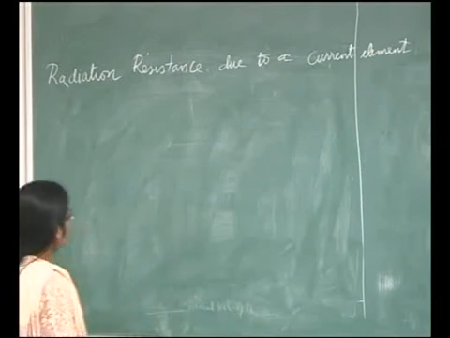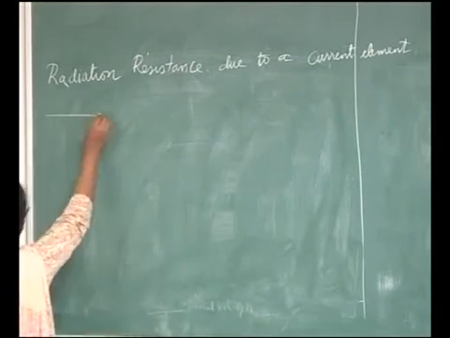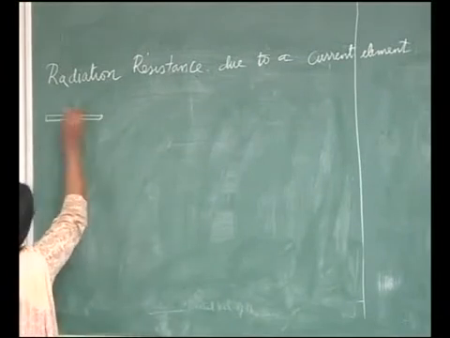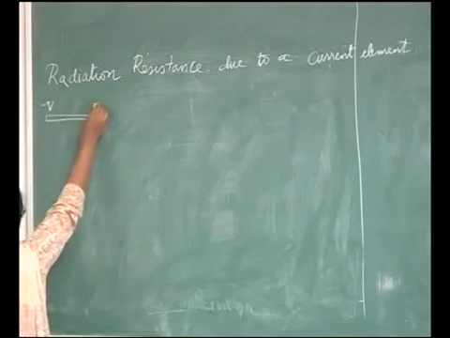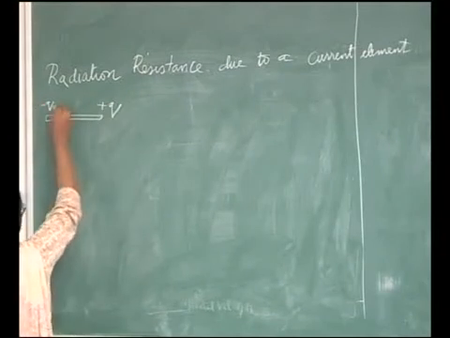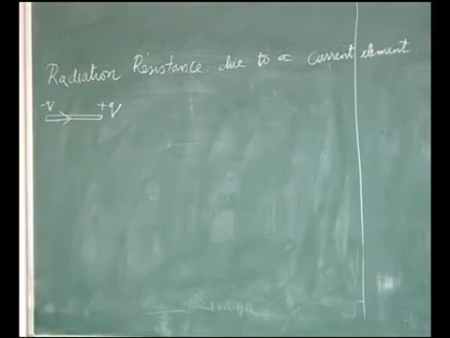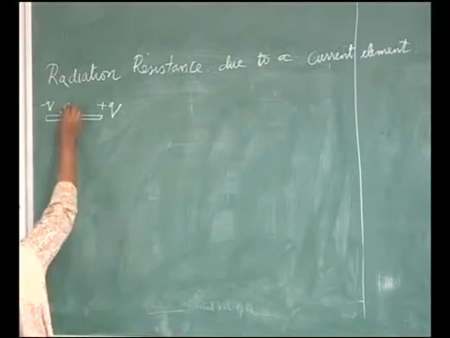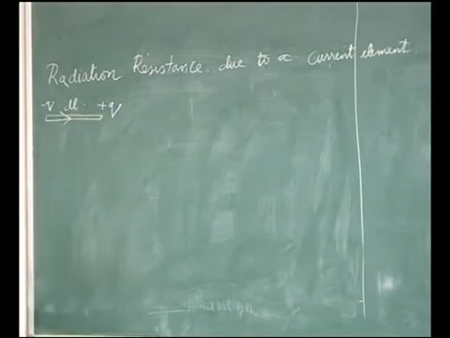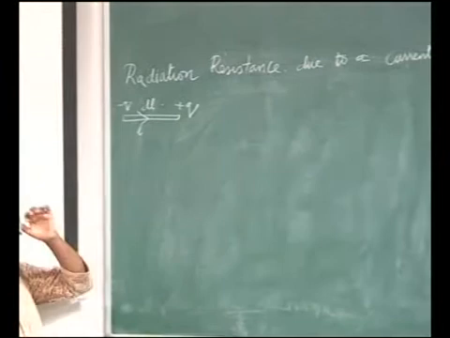So, if I have a dipole and if current is flowing through this, and if the length of this dipole is dl and if current I flows through it, then I can call this dipole a current element.